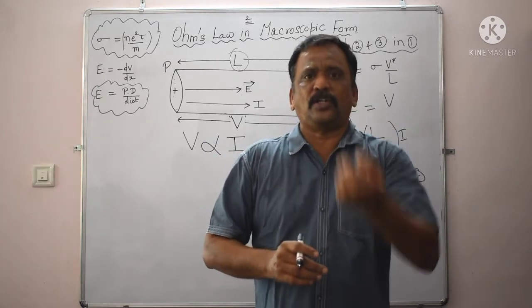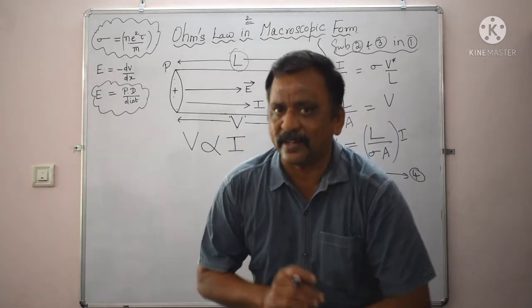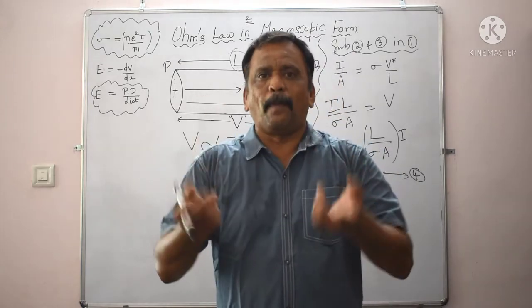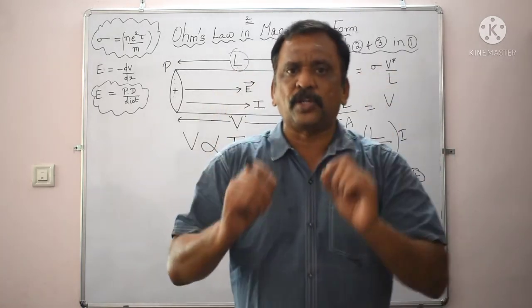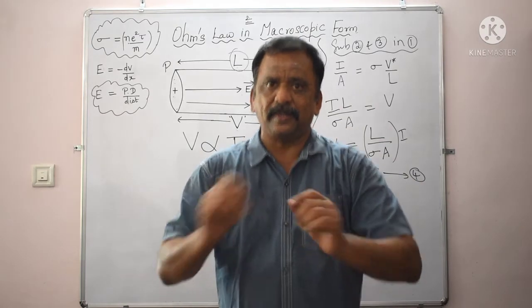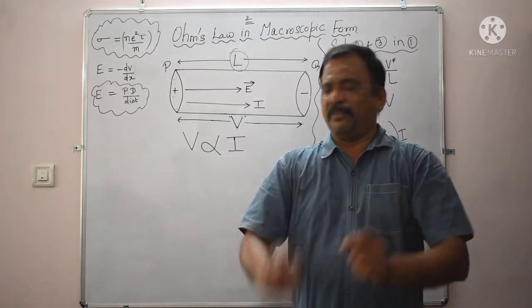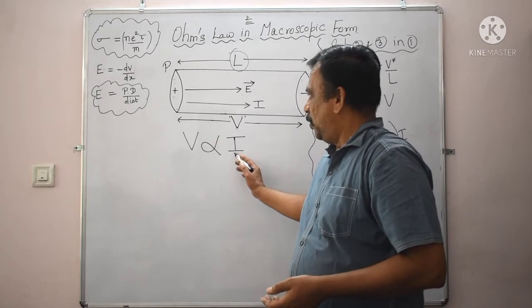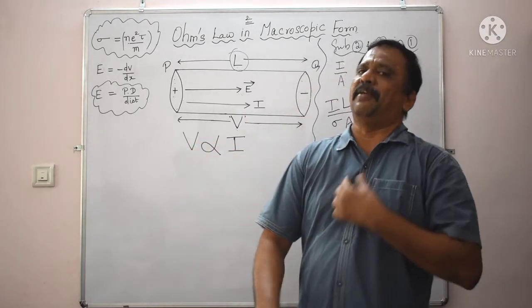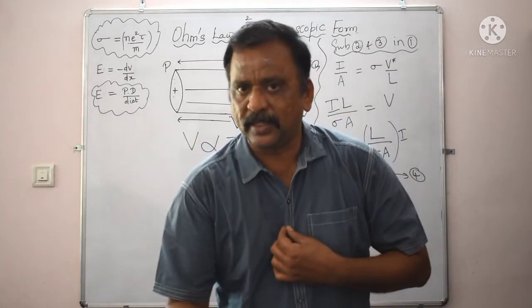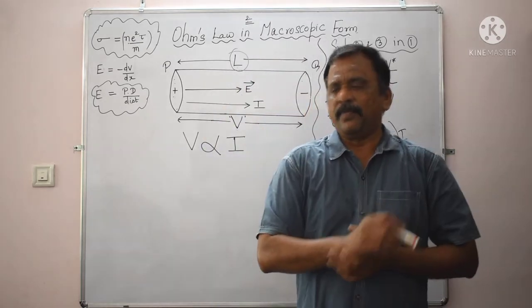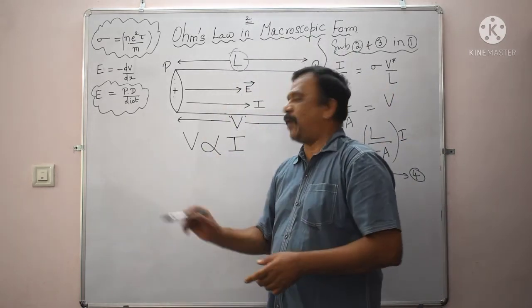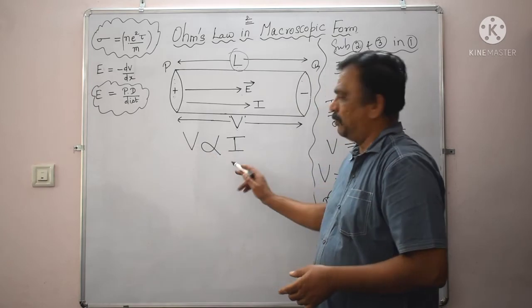So if you want a flow of current through a conductor, we need to apply a voltage, that is, a potential difference is necessary. So if there is potential difference, there will be flow of current, which means current depends on potential difference. That is, current is a dependent quantity and voltage is the independent quantity in comparison among themselves.